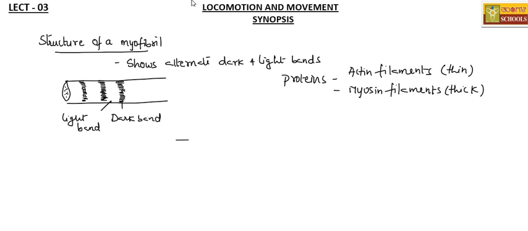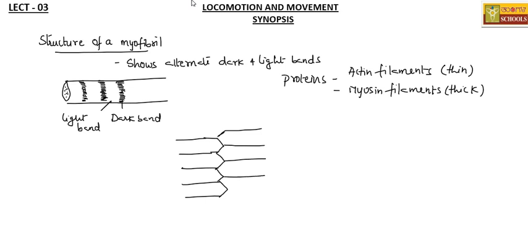So you'll see here, these are the actin filaments. In the last session I also showed you how the actin and myosin filaments are present in a three-dimensional picture. So these are all the actin filaments.